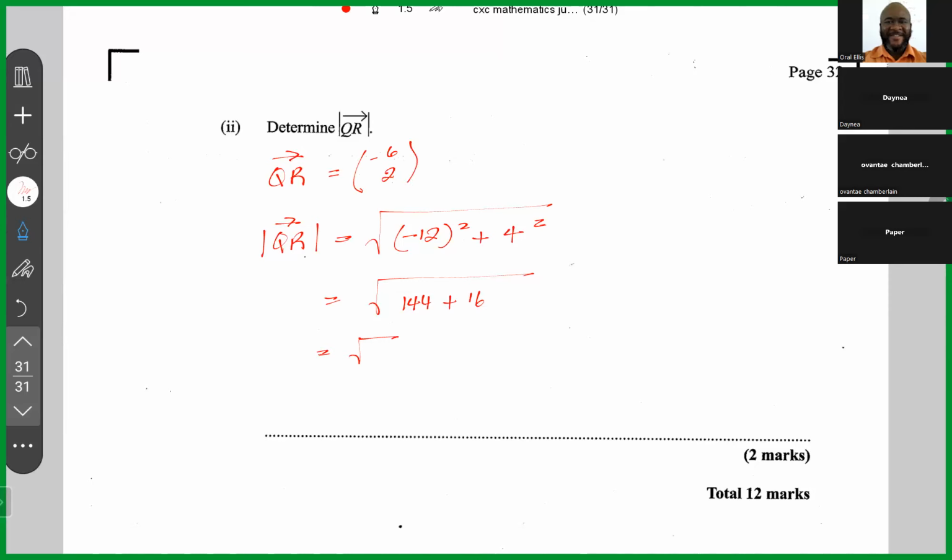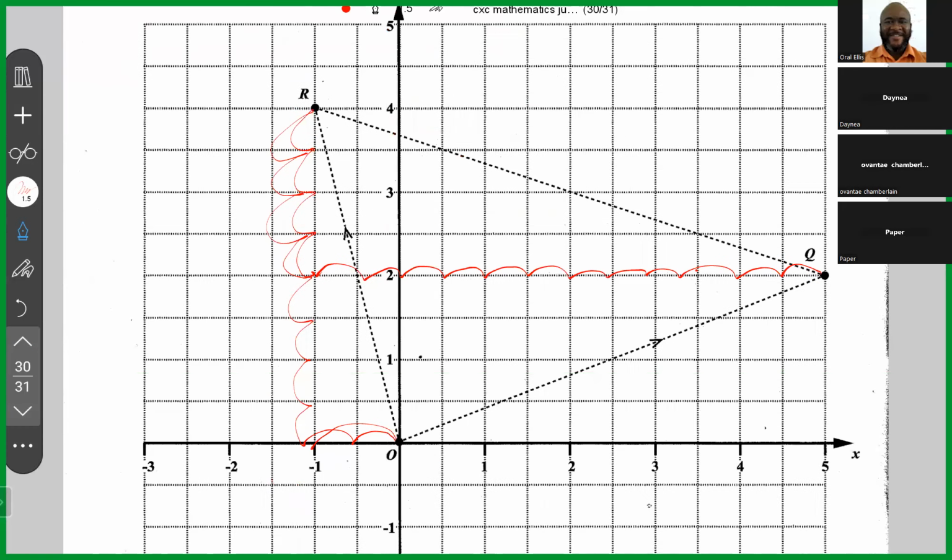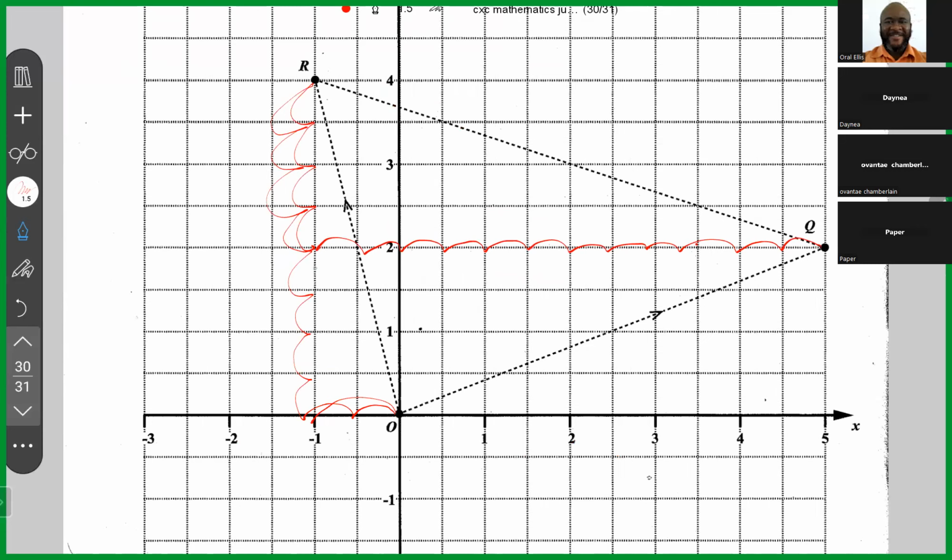Let's double check QR. You go back 6 and go up 2, yes.